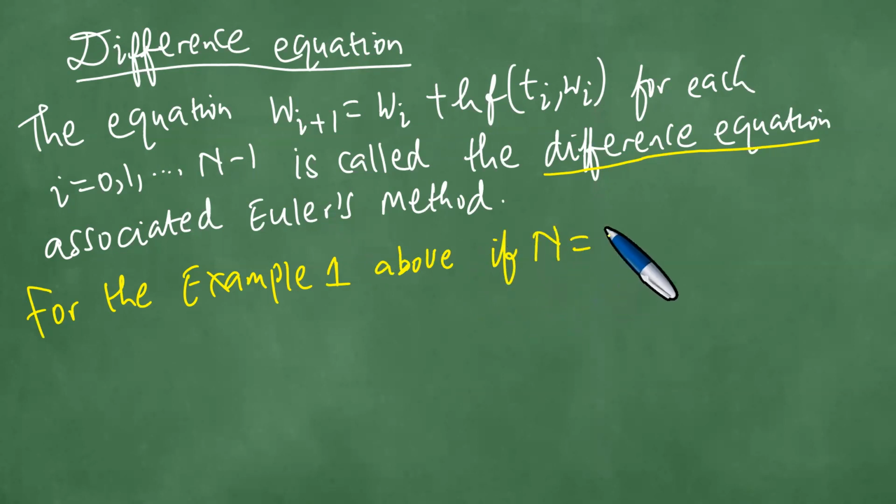If capital N is 10, so we go up to capital N equals 10, it means we're going to stop at 10 minus 1, which is 9. But we shall be having 10 i values, and therefore 10 W's.